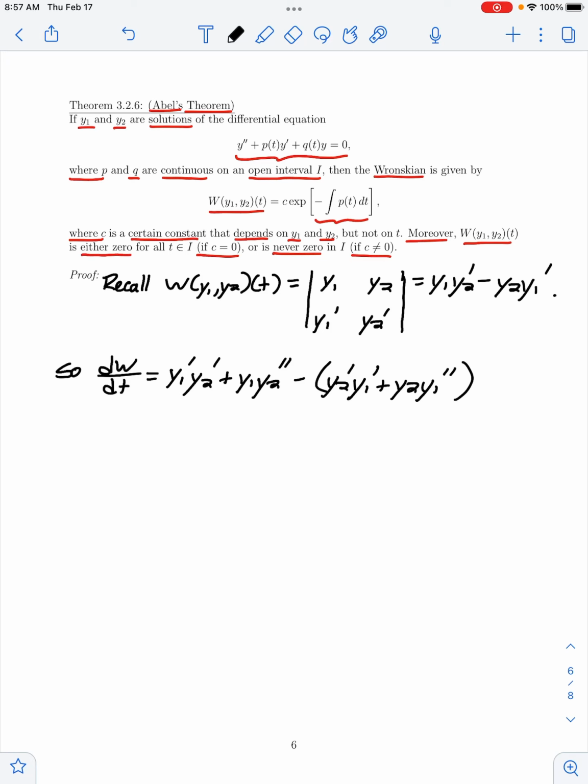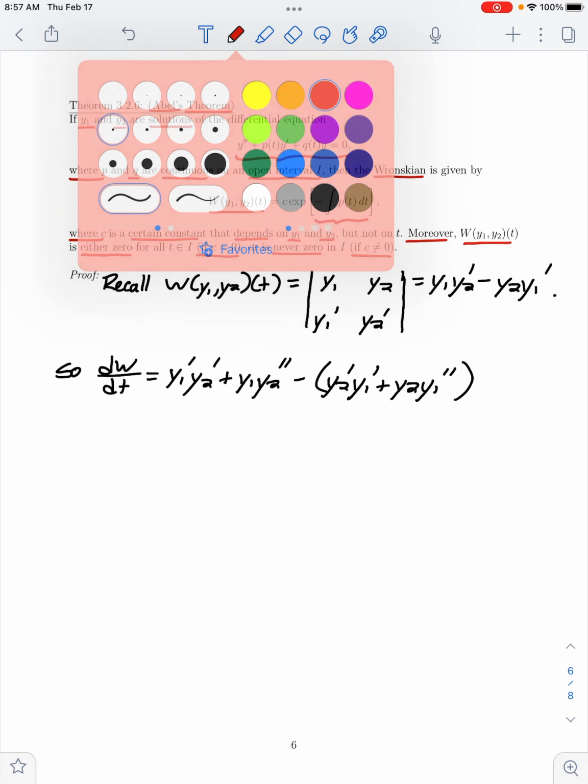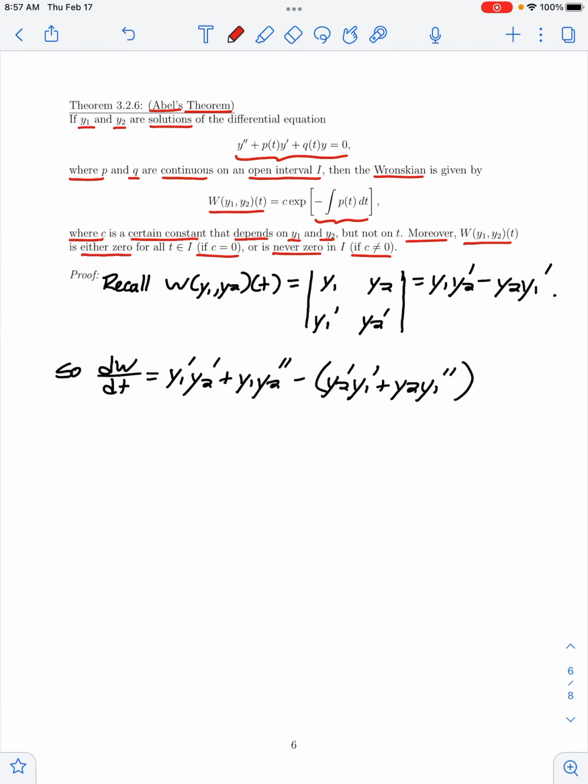So we see that a couple of terms cancel here. In particular, y1 prime y2 prime and minus y1 prime y2 prime will cancel. And so we are left with our derivative equal to y1 y2 double prime minus y2 times y1 double prime.